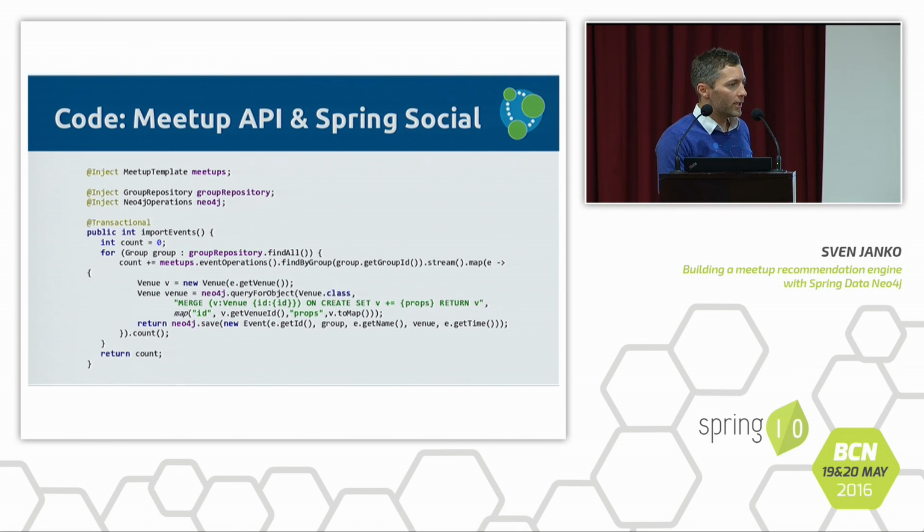There we pass the venue ID, and then we create the domain model, which is in our case the event, and pass that to the save function. That's a very quick and easy way to extract the domain data out of the Meetup domain and save it in our Spring Data Neo4j application.